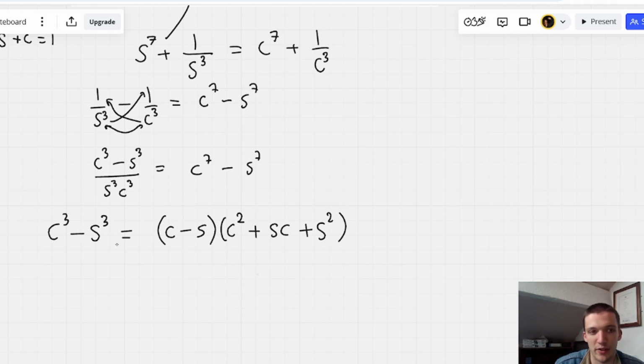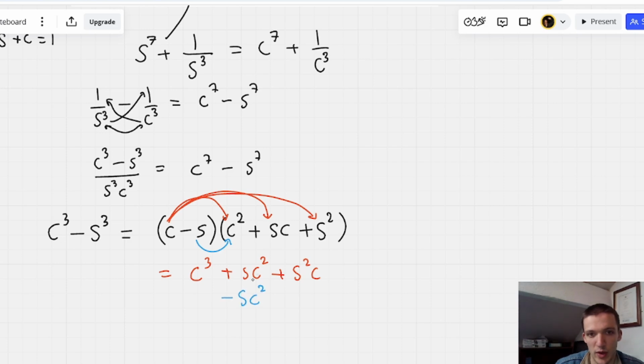And let's just check I've done this correctly. So let's expand it out. This is going to give me, of course, c cubed. This will give me plus sc squared, and this will give me plus s squared c. Then I do my minus s times c squared, which will be minus sc squared.